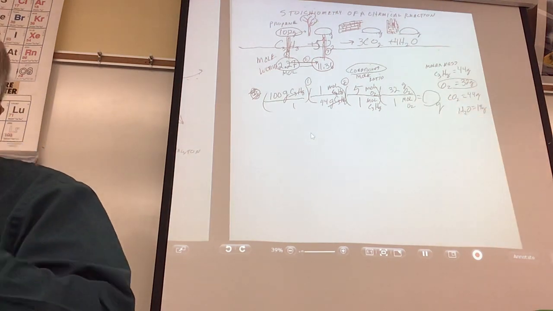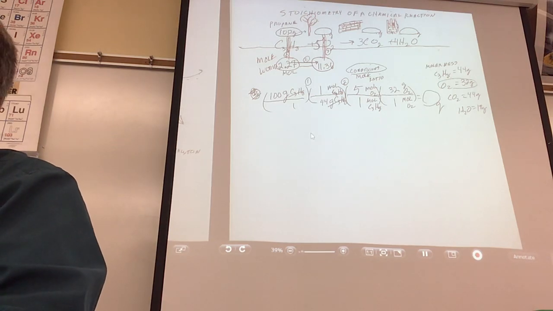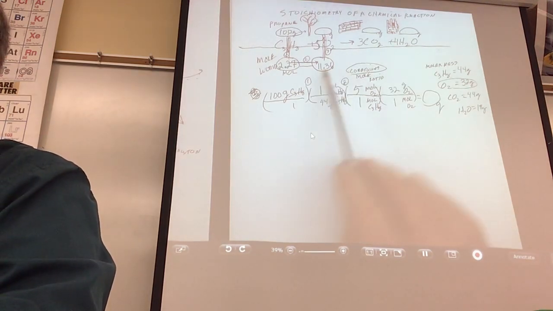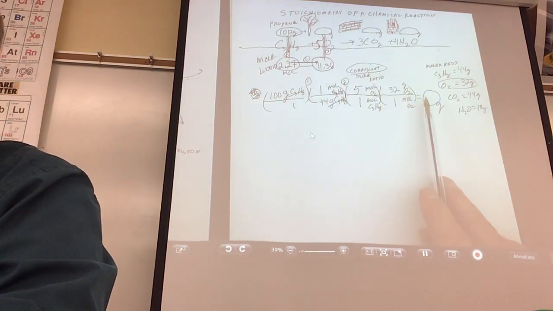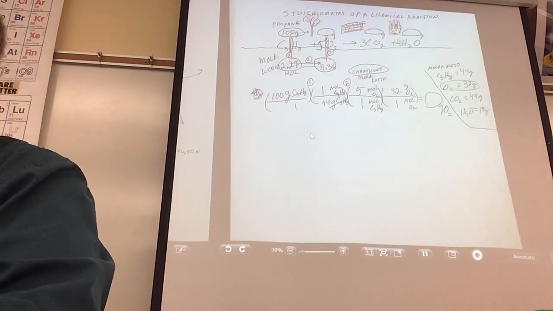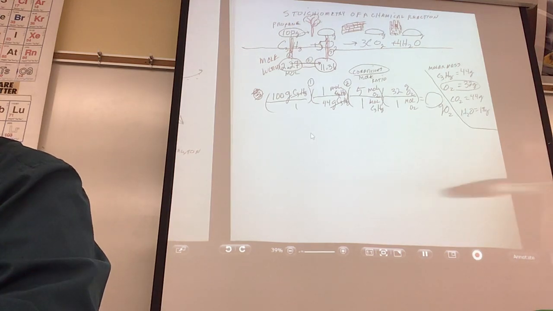How many grams of oxygen will react with 100 grams of propane? And all you do is you just put this in your calculator, and we should get a final answer right here. All right, who has this? Davis, do you have it? Yeah.